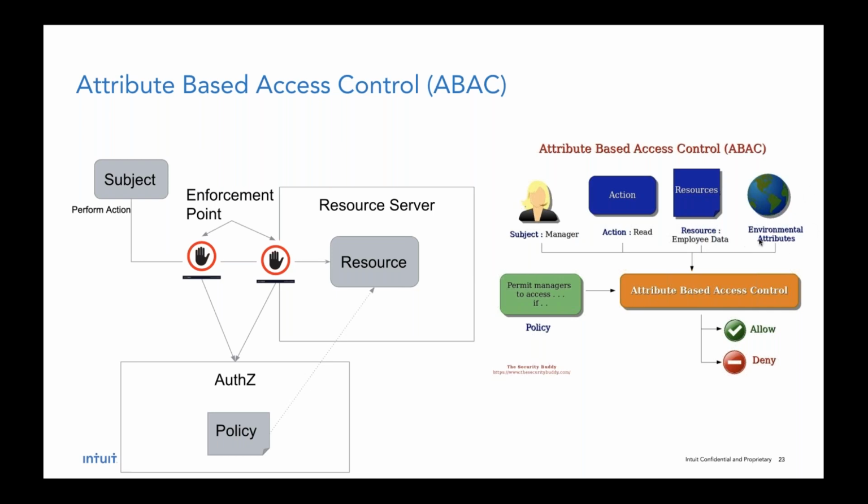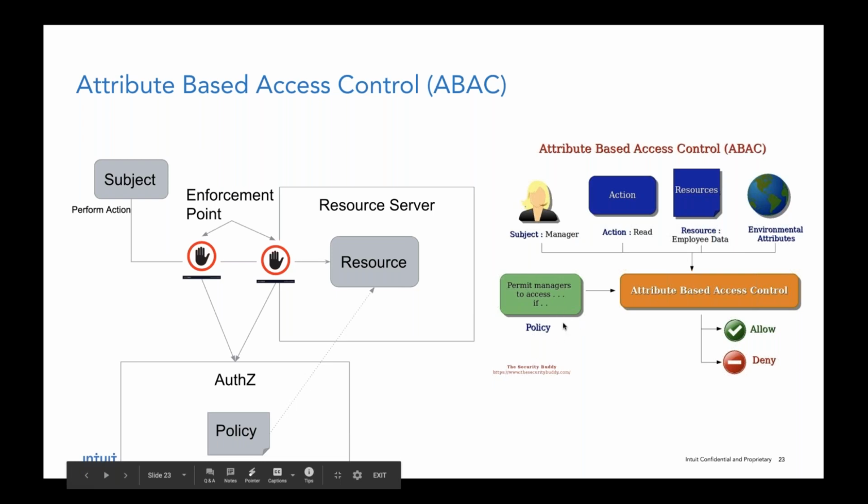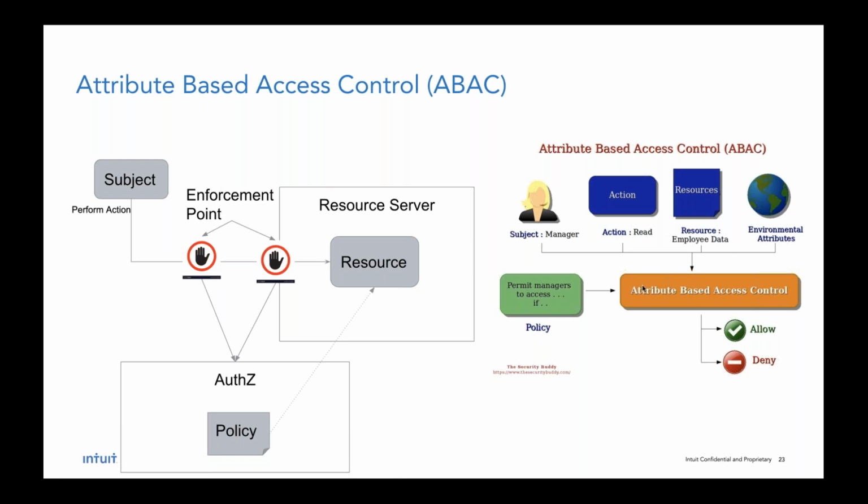And there are environmental attributes like time of the day, threat level, risk associated with this call, the product or the SKU of the product, etc. All these pieces of information are given to the policy, and the policy decides whether the access should be given or not. If the policy says yes, the attribute based access control says allow, or else it says deny.